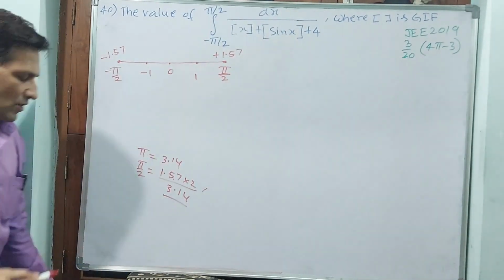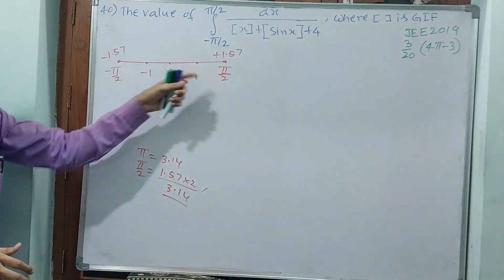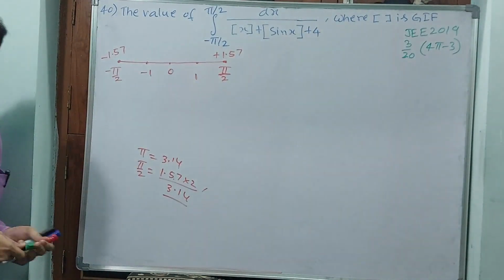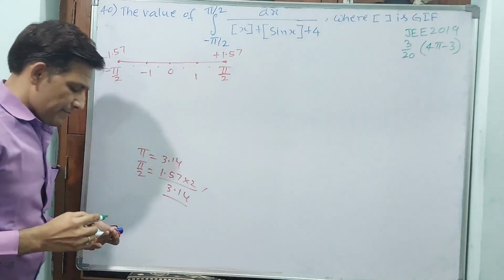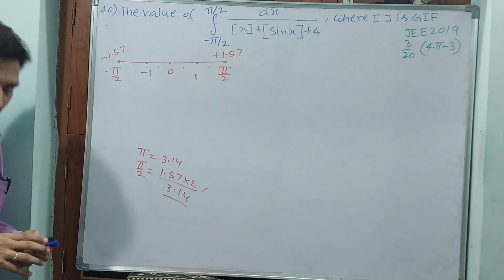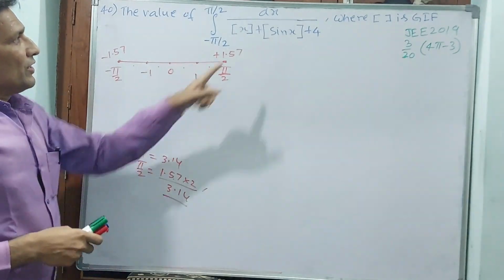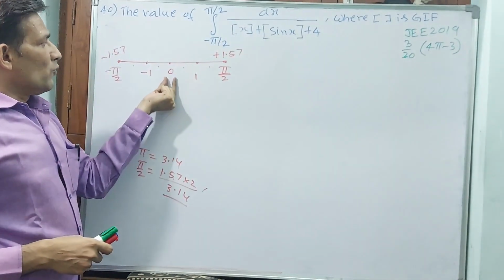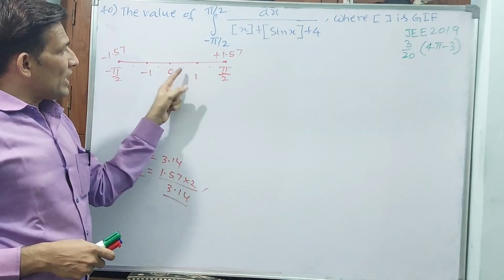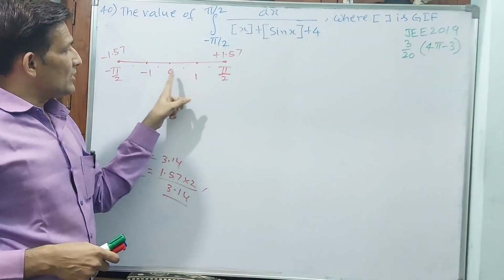Okay. Now you think for 1 minute why I have written these intervals. 4 intervals I have written here: 1, 2, 3, 4. Why? See, this is the greatest integer function. Only integers it gives. If you give 0, 0 will come. If you give greater than 0 but less than 1, then 0 only it gives.